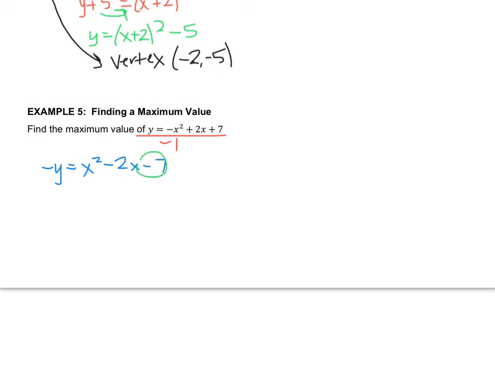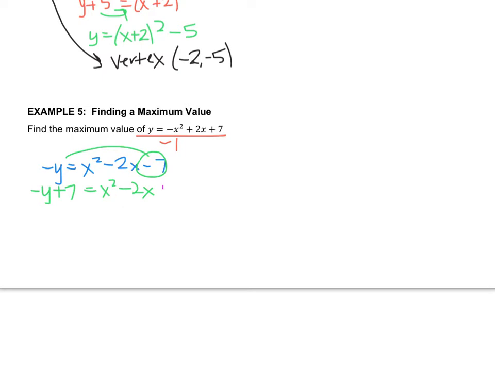So just like all the other steps, I'm going to move that 7 over to the left. So it's -y plus 7 equals x squared minus 2x. Half of the b value squared, add that to both sides. So the b value is -2. Half of that is -1. -1 squared is +1.